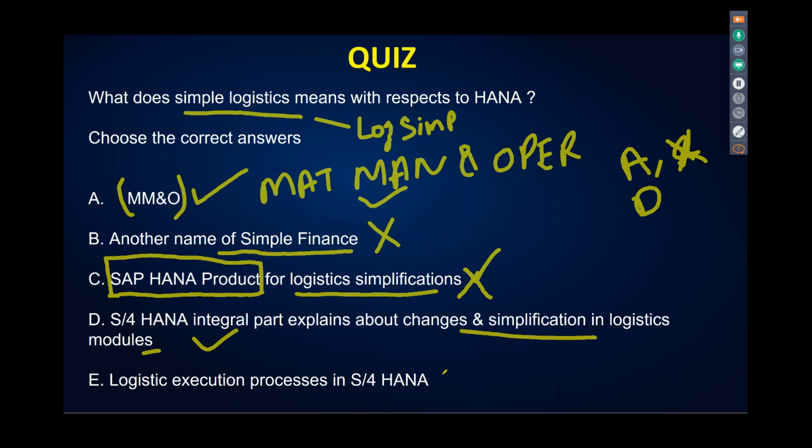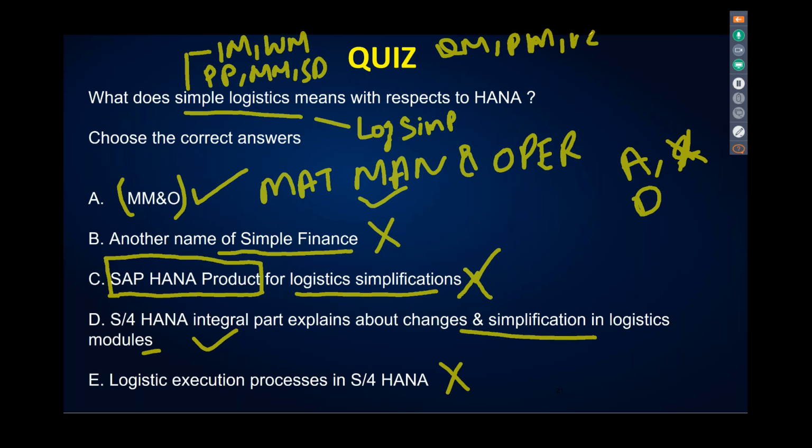Logistics execution processes in S/4HANA is not a right answer because it not only talks about the logistics execution process, but it talks about all of the logistics. So logistics execution is just a part. Simple logistics includes IM, WM, PP, MM, SD, and in future there will be more simplification coming for QM, PM, and weigh-in configurations.